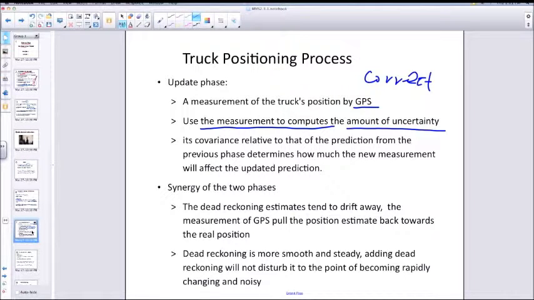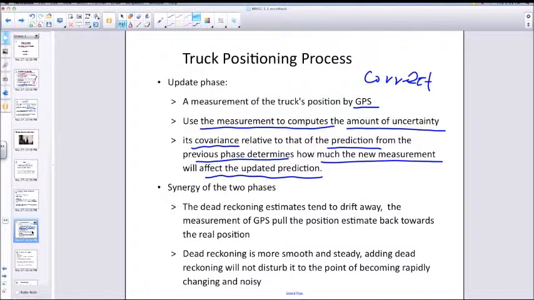So the key concept is the covariance really is relative to the prediction from the previous phase. What determines how much your new measurement will affect your updated estimate?